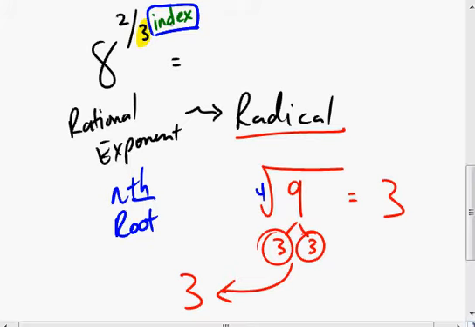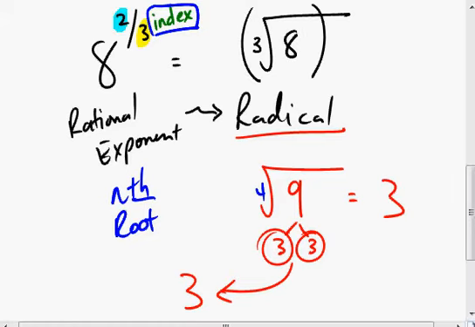The denominator is the index. So just to start, this question here means the third root of the base to the power of this, the numerator, squared. Okay? So the first thing you need to be able to get good at, just a basic skill, is how to convert something from exponential form into radical form.